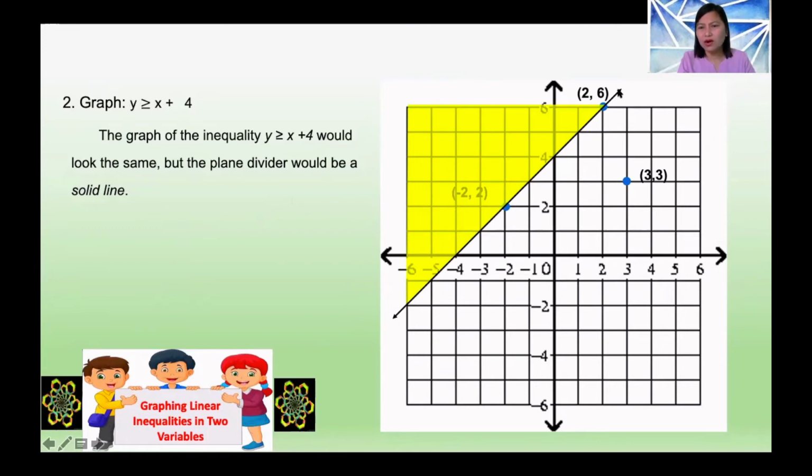Meaning all of the points on the solid line are part of the solution set. So this is the graph of y is greater than or equal to x plus 4.